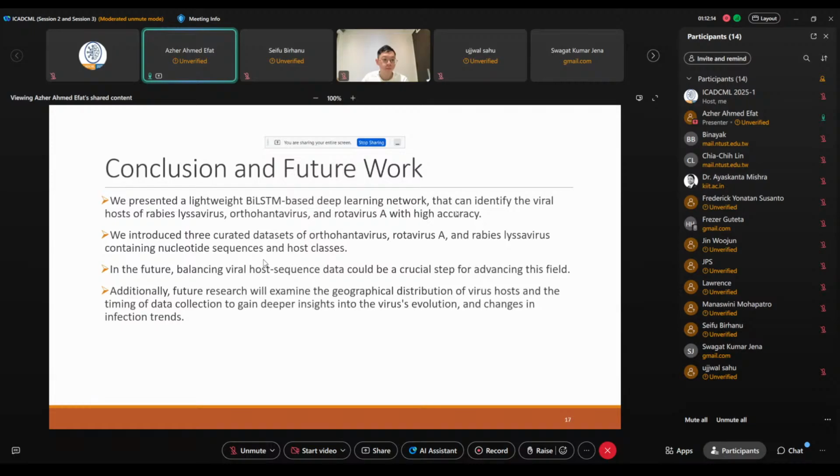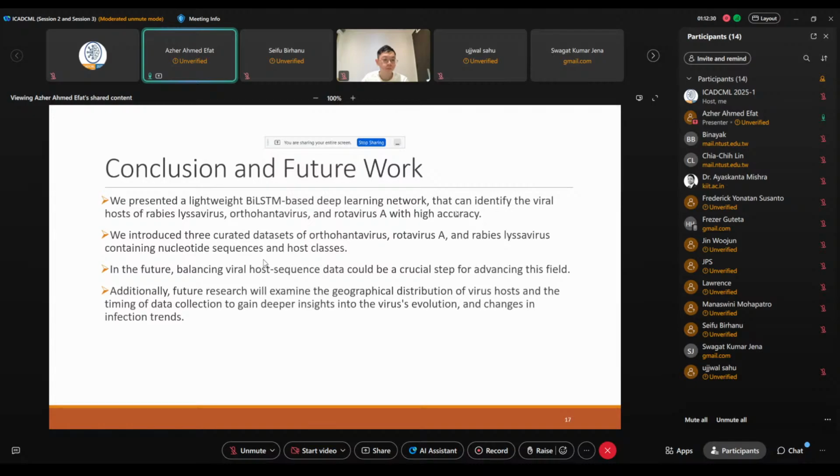In the future, we would like to examine the geographical distributions of the virus hosts and the timing of the data collections to gain deeper insight into virus evolution and changes in infection trends.